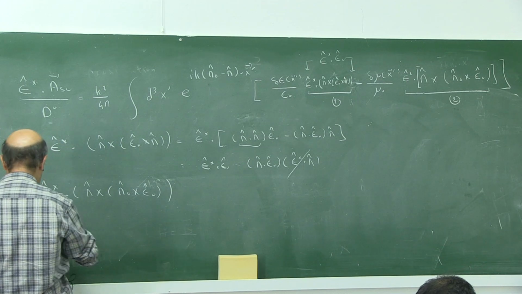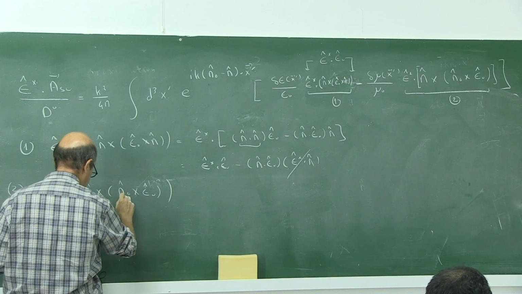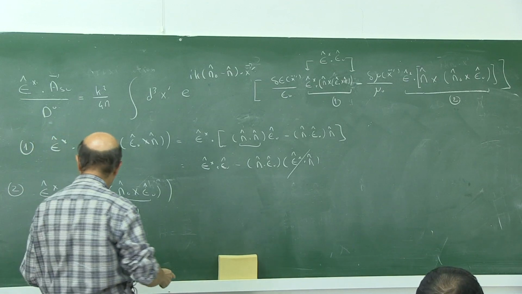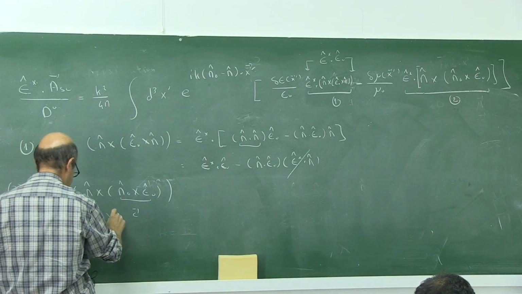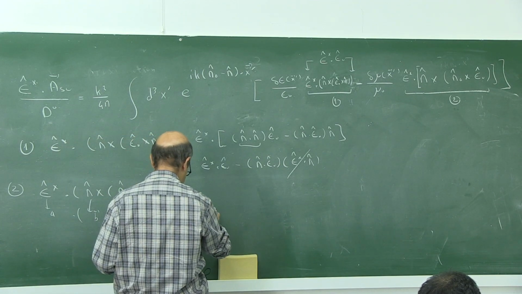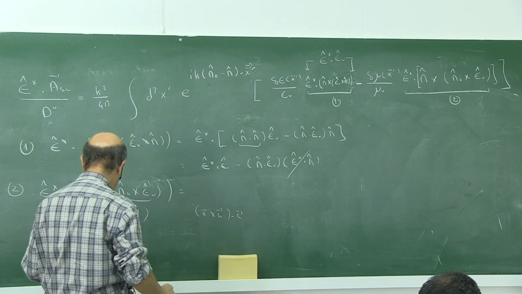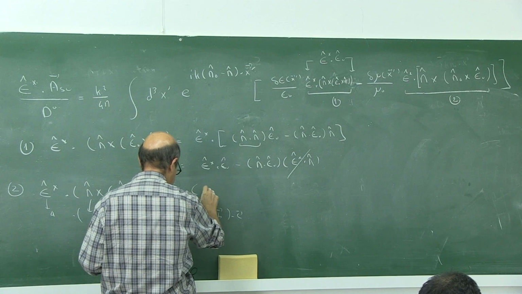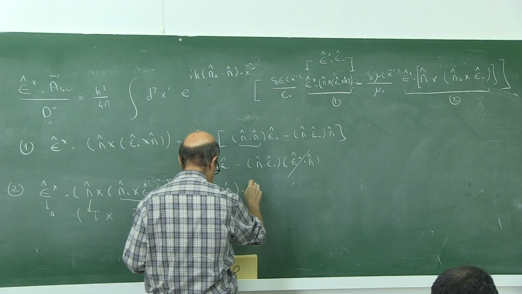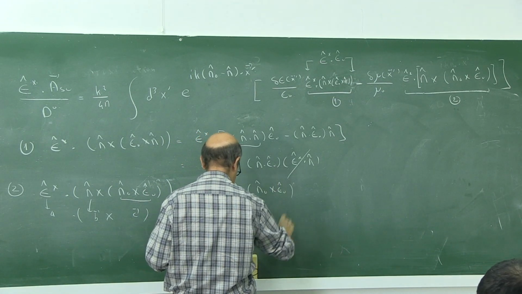And if you call these vectors A, B, and C, this is the volume, and it is A dot B cross C, and that is equal to A cross B dot C, and that is nothing but epsilon complex conjugate cross n dot n0 cross epsilon 0.